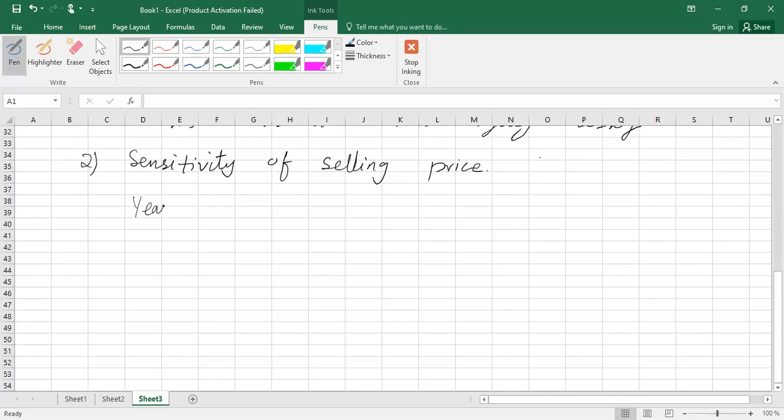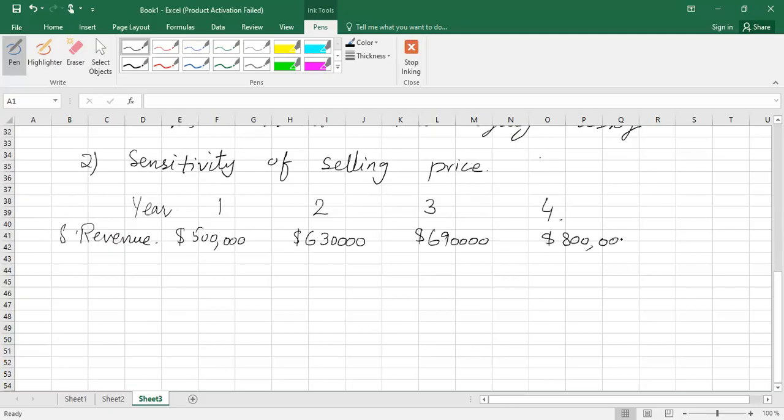Suppose you have a 4-year project and you have sales revenue of 500,000 in year 1, 630,000 in year 2, 690,000 in year 3, 800,000 in year 4.